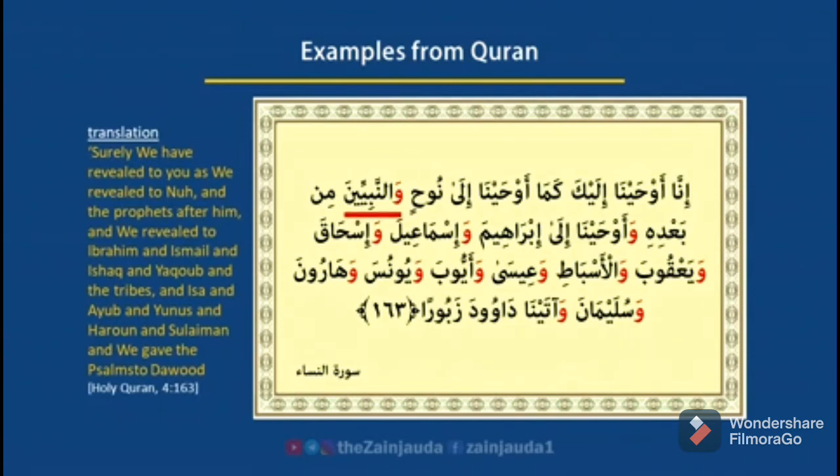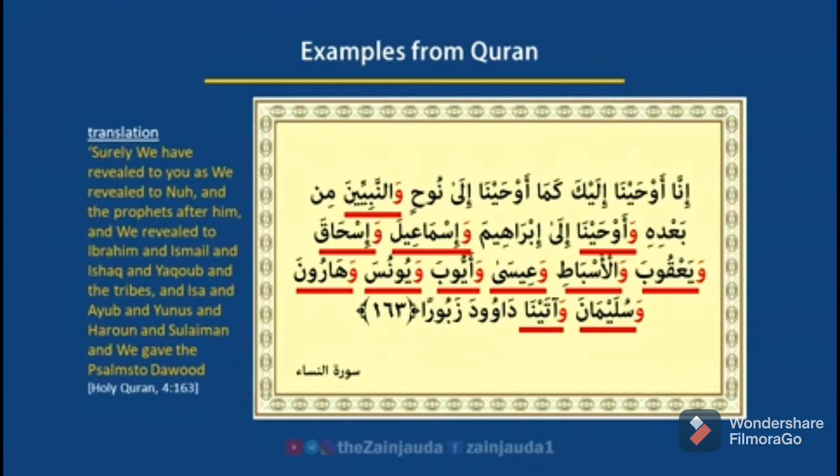This is the first word, والنبيين, which means and the prophets. من بعده وأوحينا, and we have revealed, إلى إبراهيم وإسماعيل وإسحاق ويعقوب والأسباط وعيسى وأيوب ويونس وهارون وسليمان. All these are names of prophets connected with the article wa. وآتينا, and we have given داود زبورا.